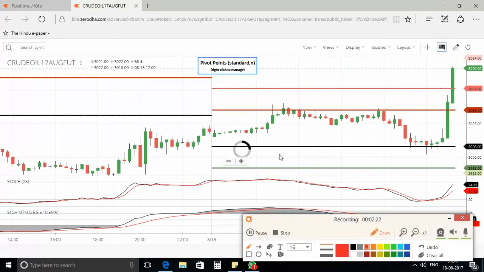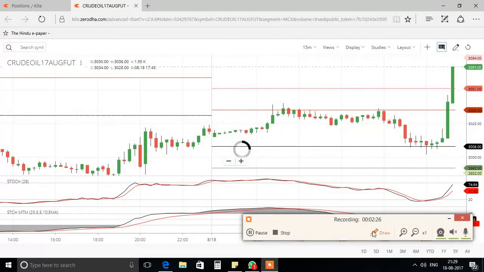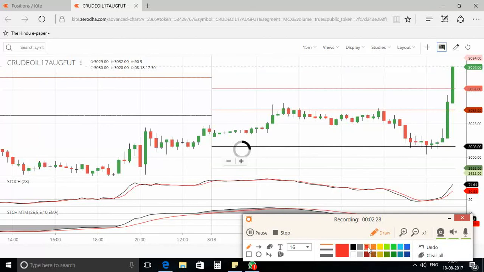Okay, see. Whenever it is in this zone we sell, whenever it is in this zone we buy, as simple as that.